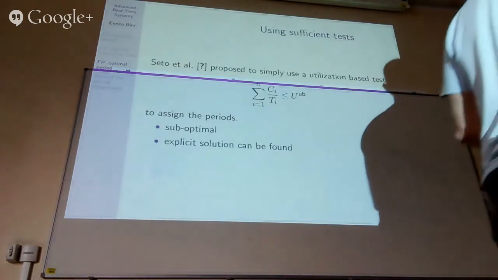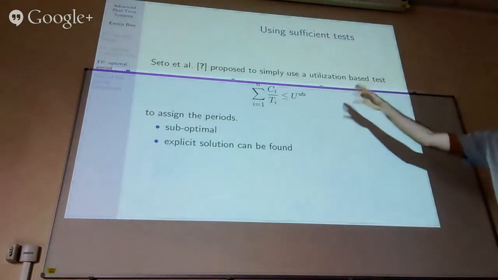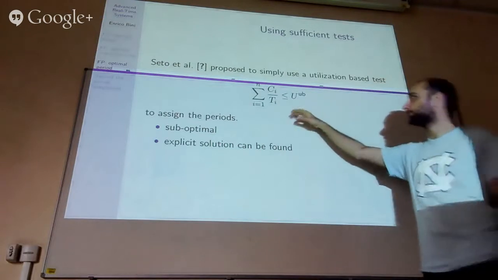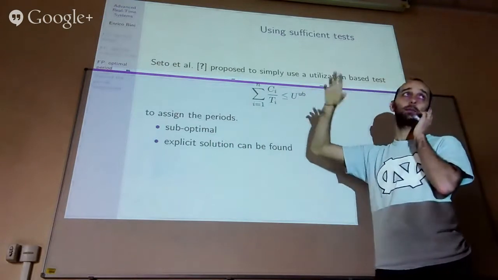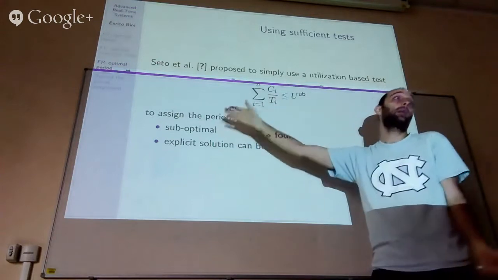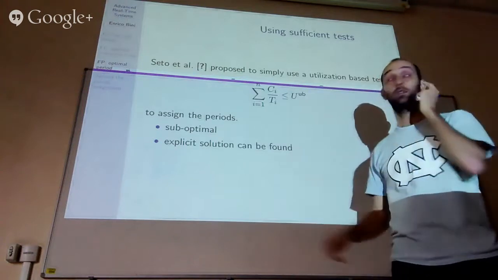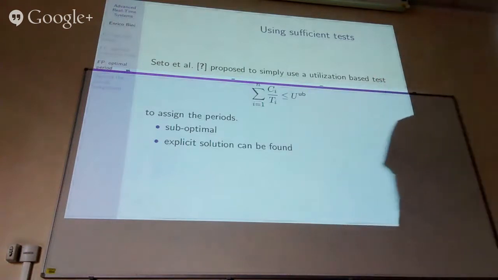Of course, it's complicated, and you can always use a linear bound, just a linear upper bound. It was done by Seto, and it is suboptimal because, of course, its region is smaller. But the advantage is that you can find an explicit solution.